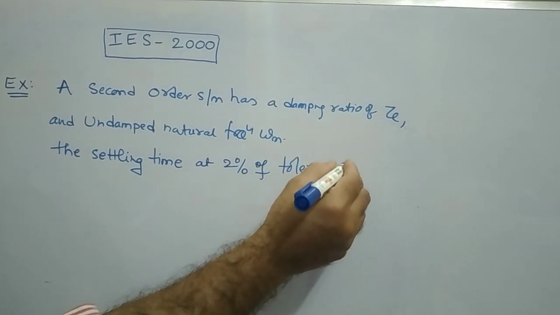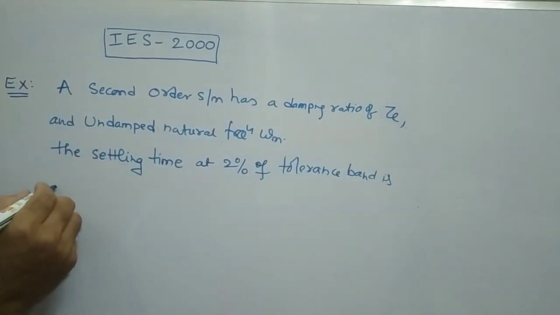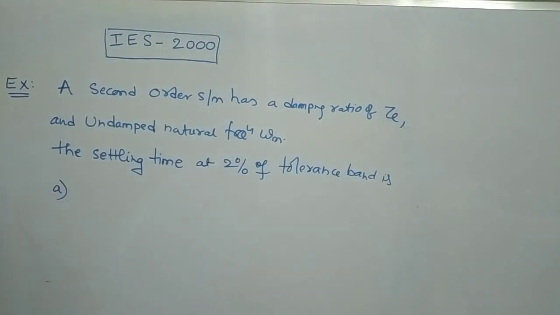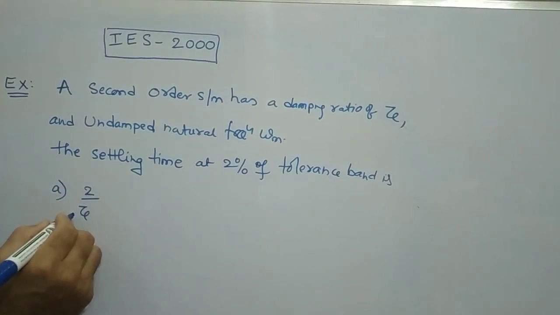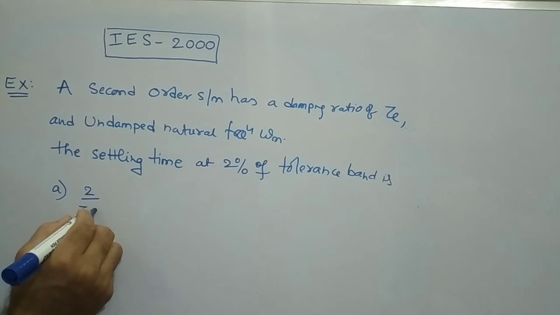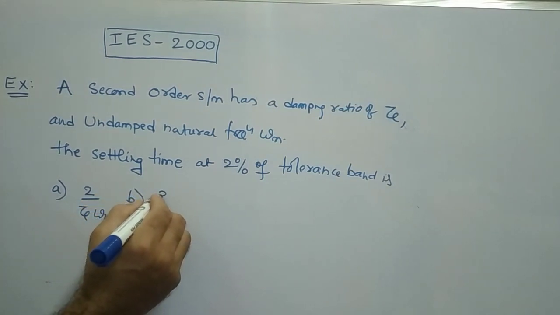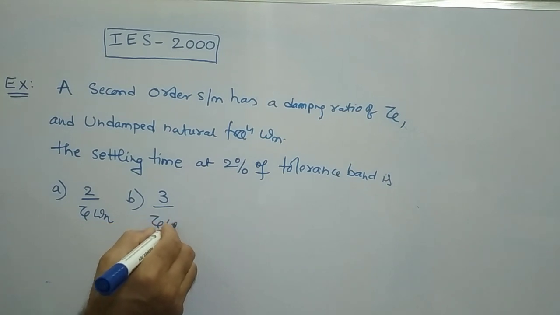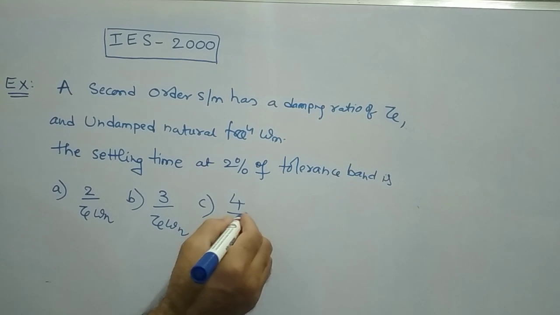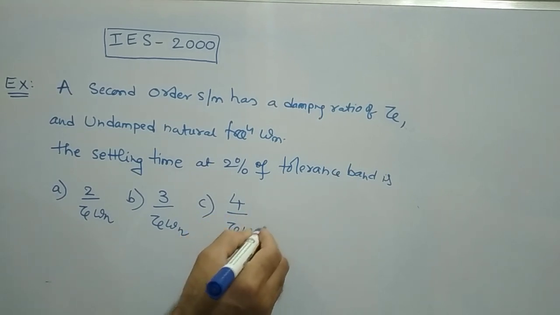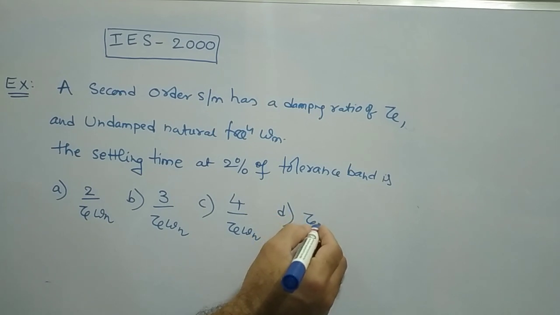They have given the options: A, 2 by zeta omega n; B, 3 by zeta omega n; C, 4 by zeta omega n; and D, simply zeta into omega n.